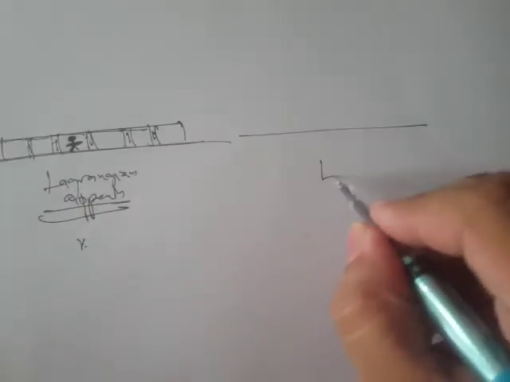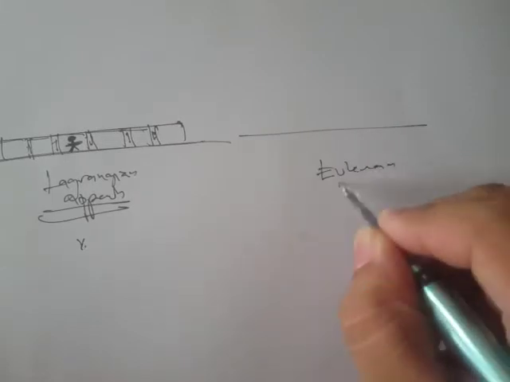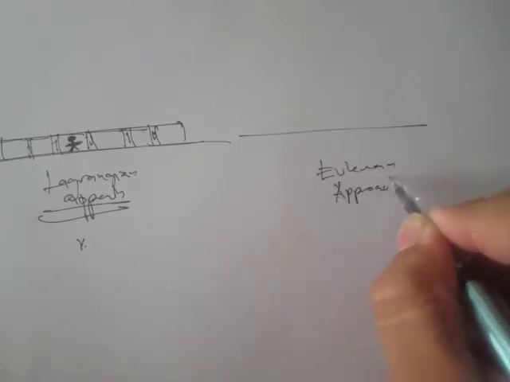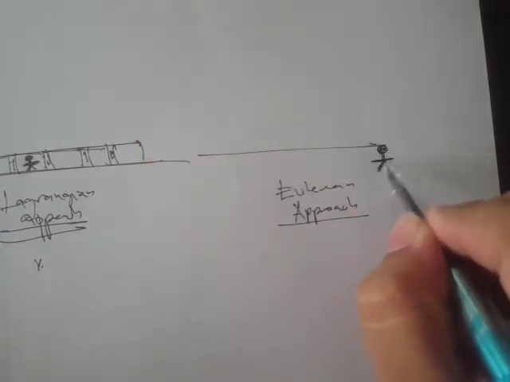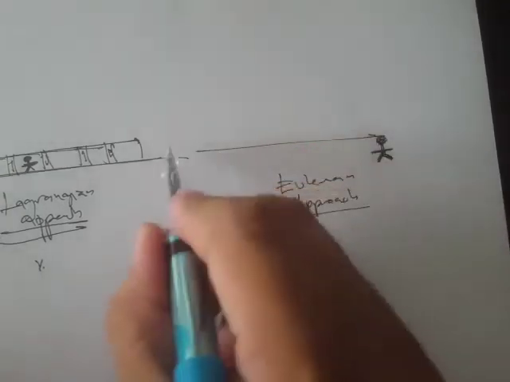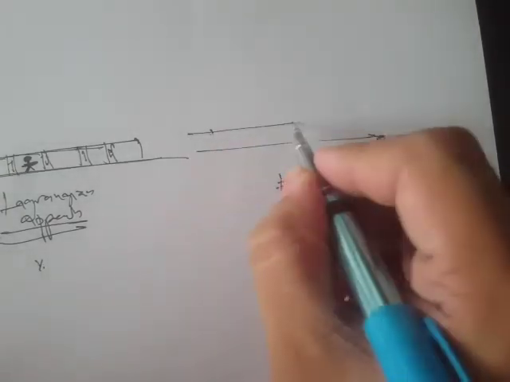Now for the Eulerian approach, it is like you are outside the train. So let's say you are somewhere in a station, for example, and the train passes by.